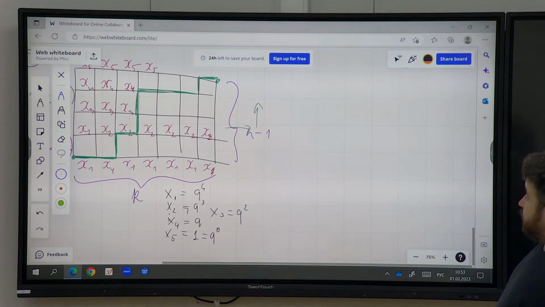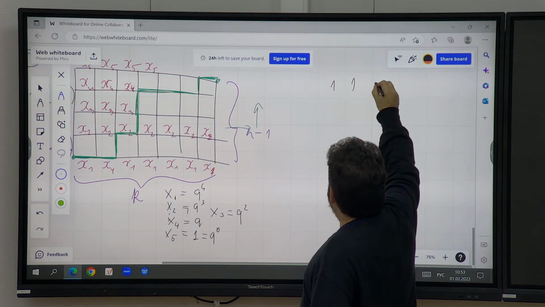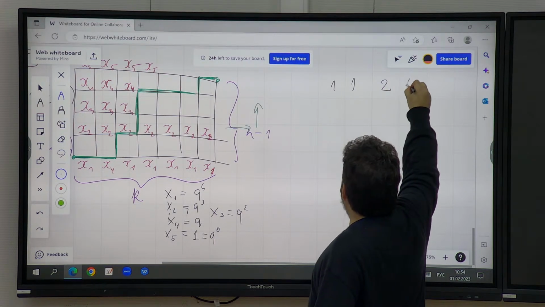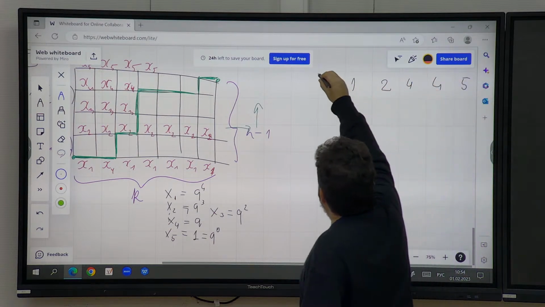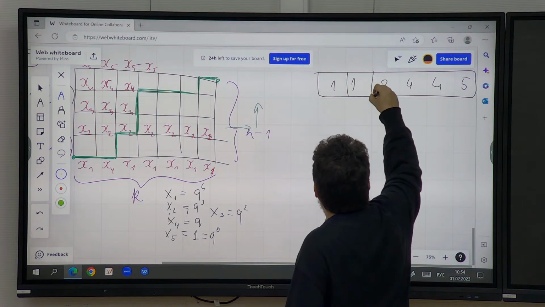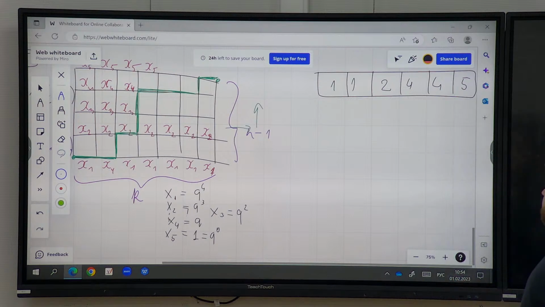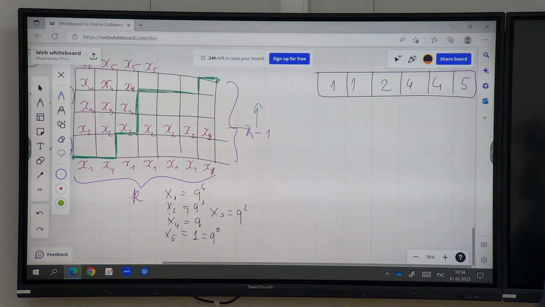Okay, so this was again 1, 1, 2, 4, 4, 5, right? Yeah, this was one row, and you see that x's in this row correspond to monomials in the H, in the complete symmetric function.